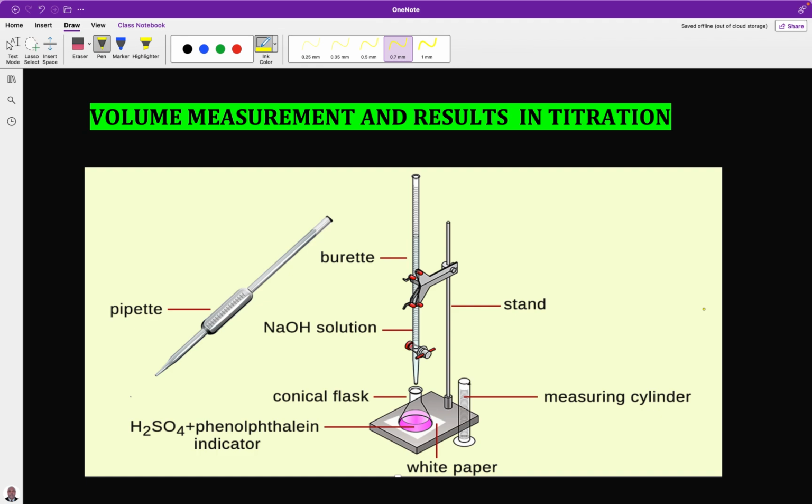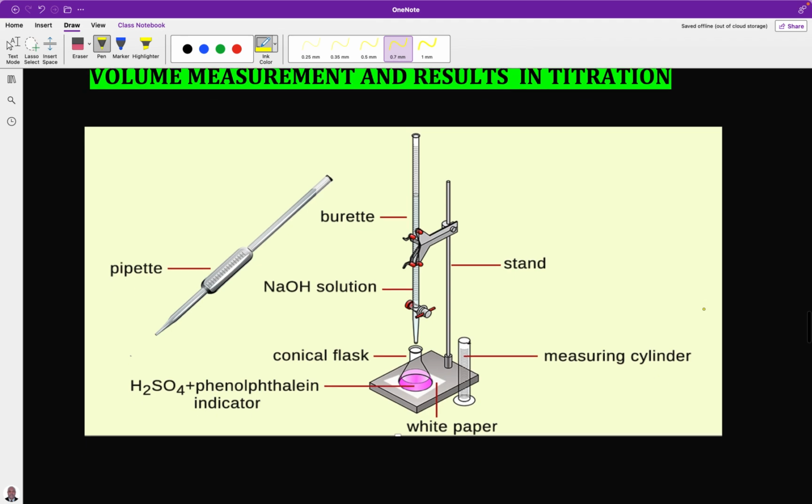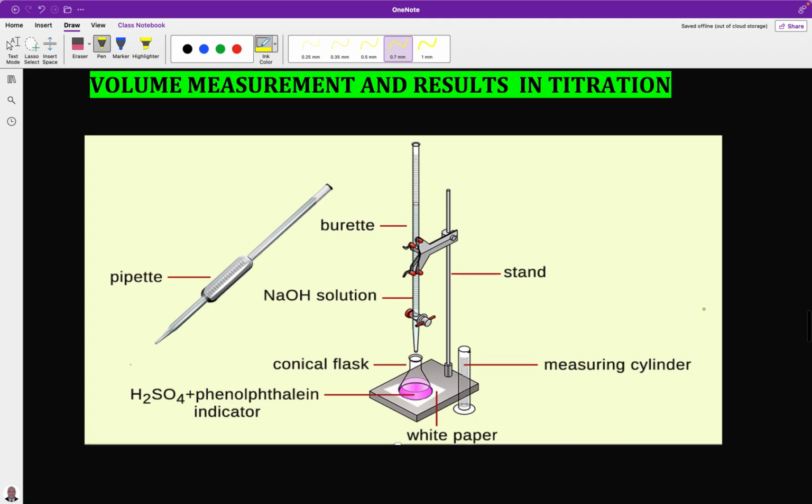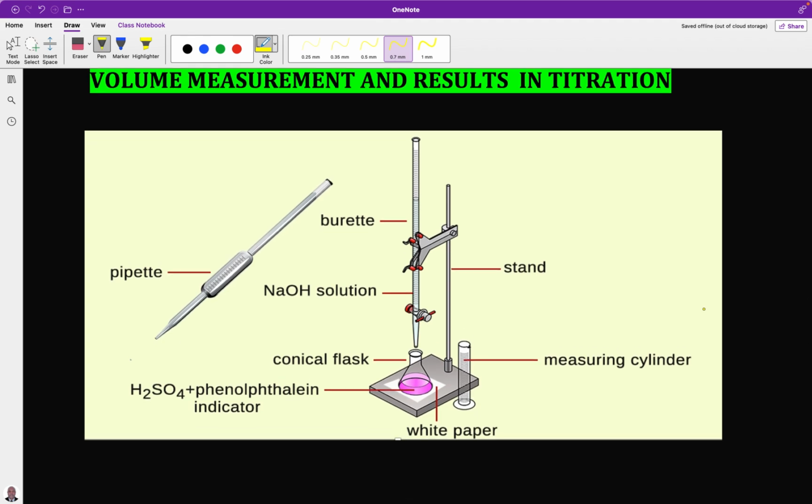So in this case, this is a clear diagram of what happens during titration. During a titration experiment, you will need a measuring cylinder.